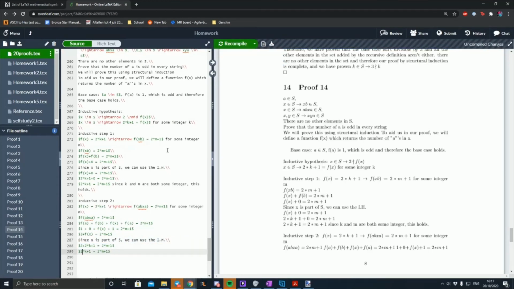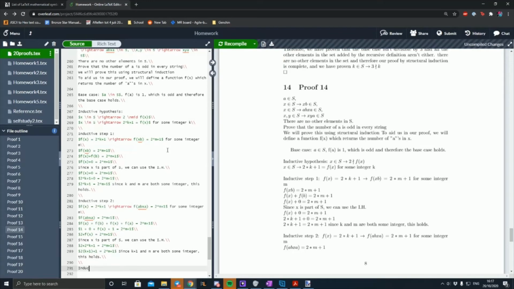And then we say 2 times k plus 1 plus 1, and since k plus 1 and m are both some integer, this holds.